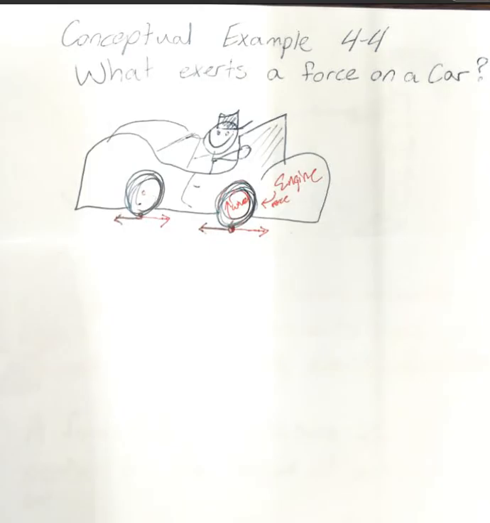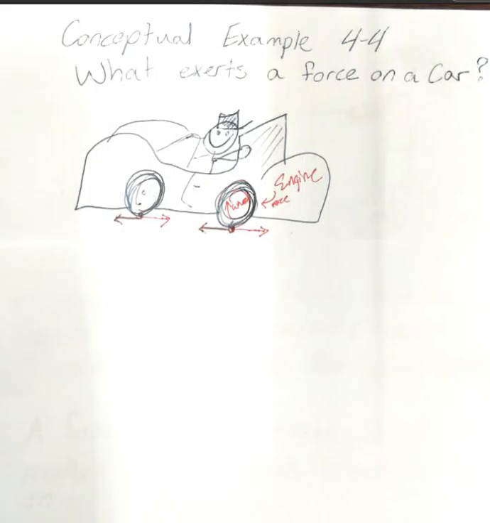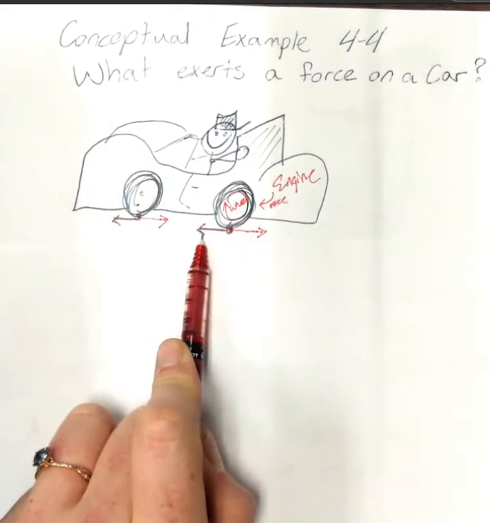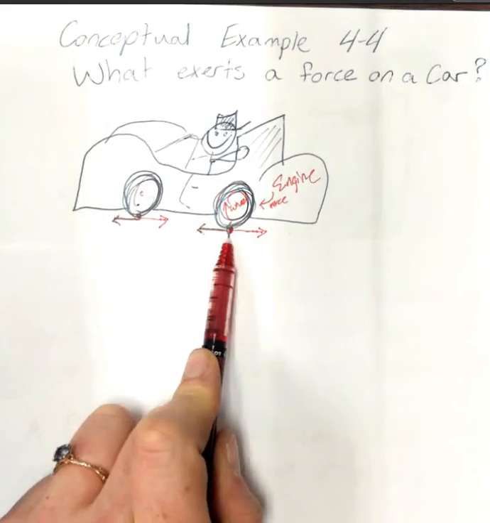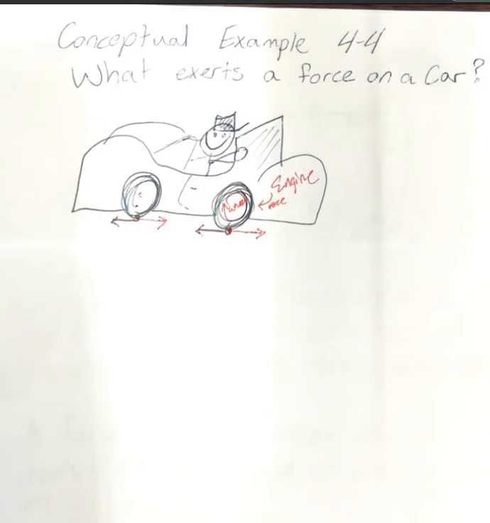This is why if you get stuck in the mud, or if you drive out onto ice, or if you put a vehicle on a slip surface, no matter how hard you press on the accelerator, no matter how much force the engine applies to the axle to move the wheel, the car doesn't go anywhere. It must be able to apply a backward frictional force on the ground in order for the ground to propel the car, or accelerate the car forward.